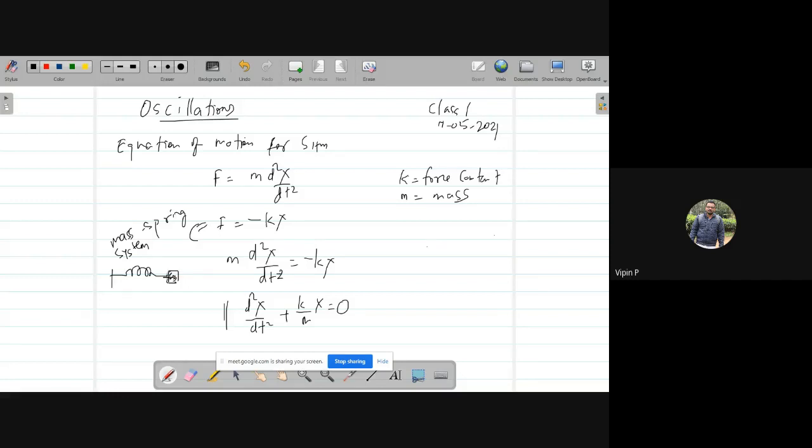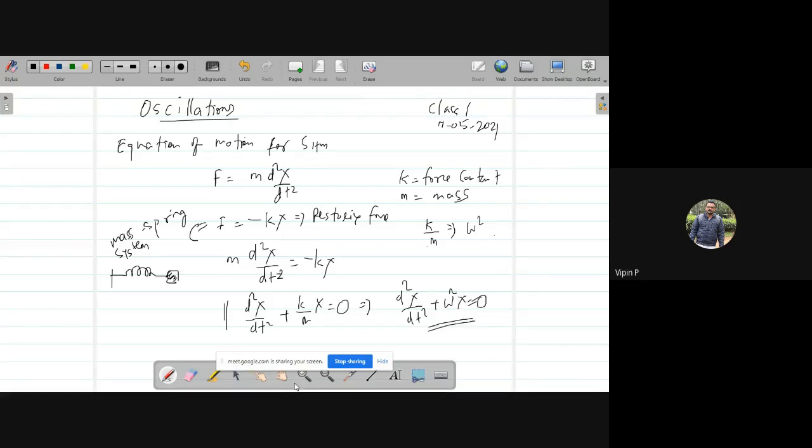This equation tells you about the restoring force. If I do a dimensional analysis, k/m has the dimensions of the square of frequency. So we set k/m equal to omega squared, and eventually write the equation as d²x/dt² plus omega squared x equals 0.